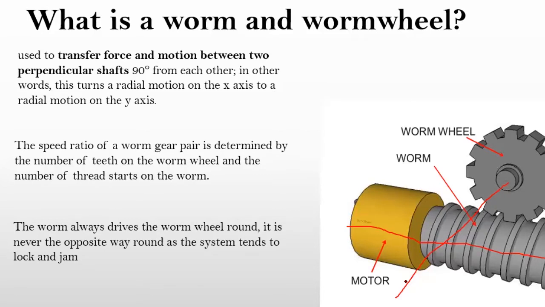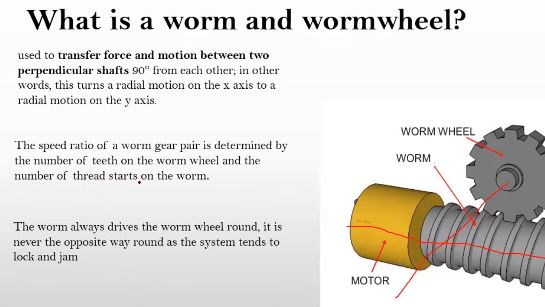Normally, the speed ratio of a worm gear is determined by how many teeth are on the wheel and the number of thread starts on the worm. I introduced a new term here, the starts.